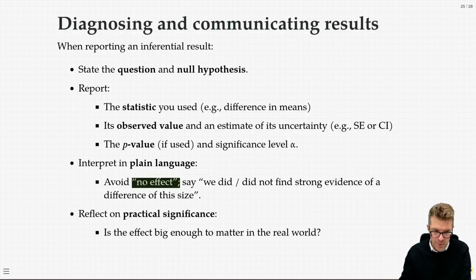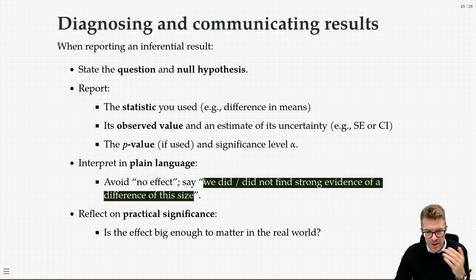But that's not true. Just because the p-value is big doesn't mean we've confirmed the null hypothesis. The whole point of this is that we're trying to disprove things, right? So if the p-value is big, we can't clap our hands and say the H sub 0 is confirmed. We just did not find enough evidence to throw away the null hypothesis. It doesn't mean the null hypothesis is true.